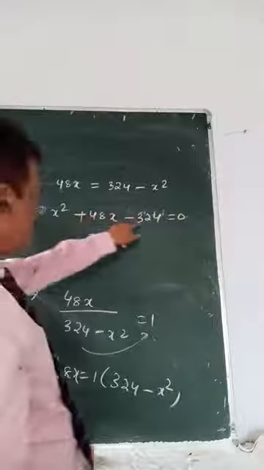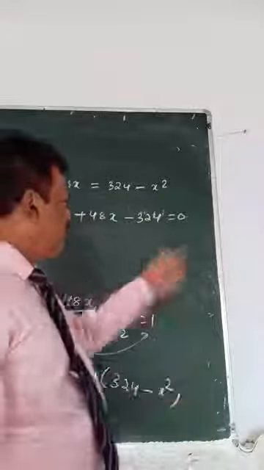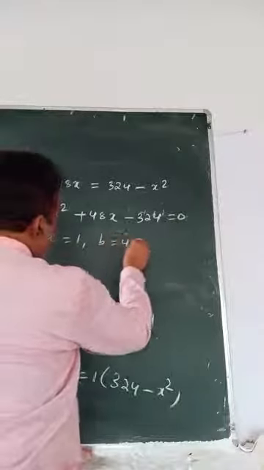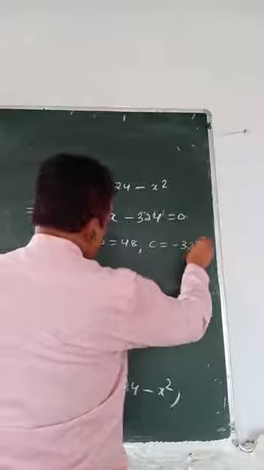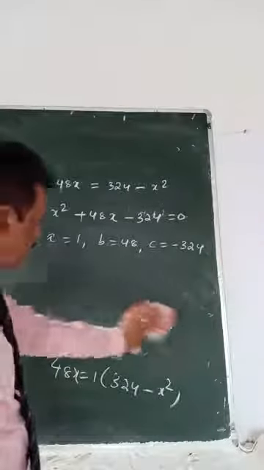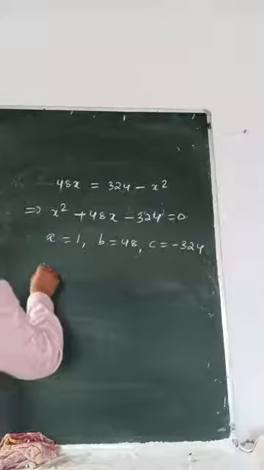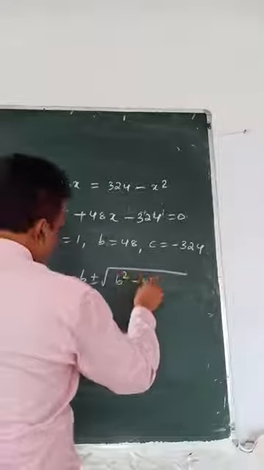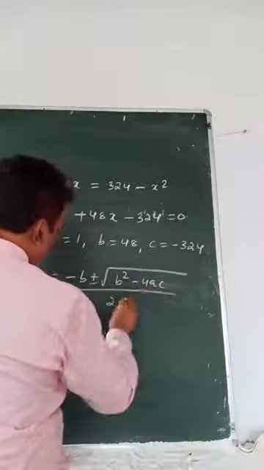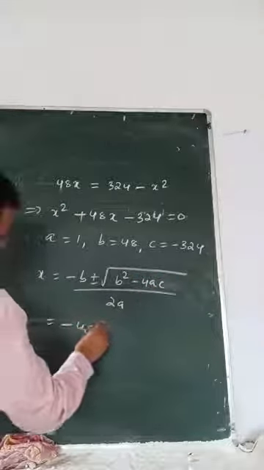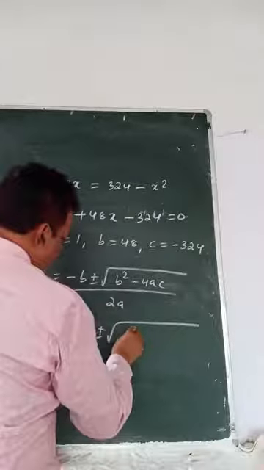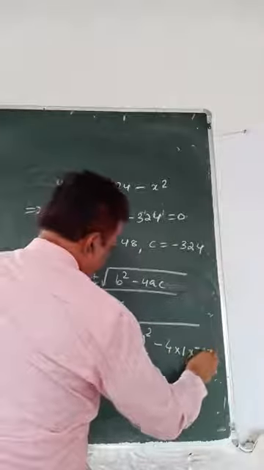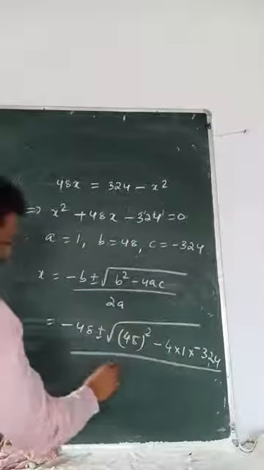So when you find numbers are big, you can take the help of formula also. So A equals to 1, B equals to 48, C equals to minus 324. Okay, formula is x equals to minus b plus minus square root of b square minus 4ac by 2a. So minus 48 plus minus square root of 48 square minus 4 into 1 into minus 324 divided by 2 into 1.